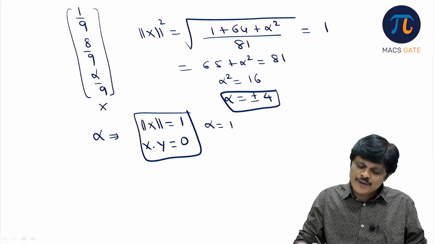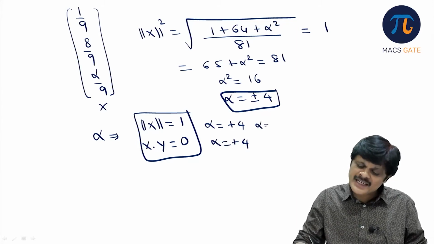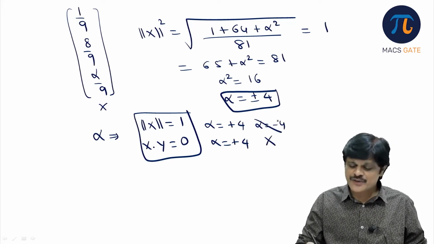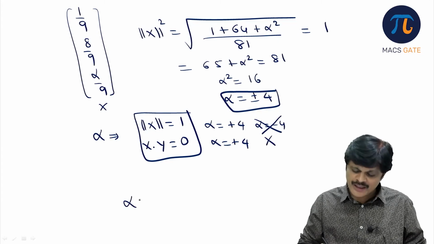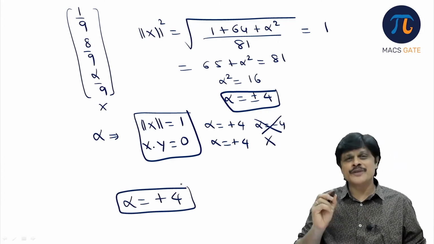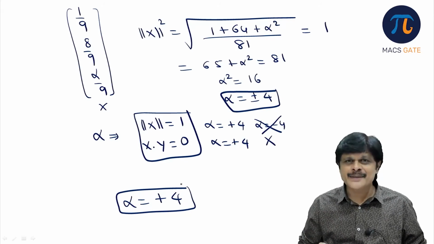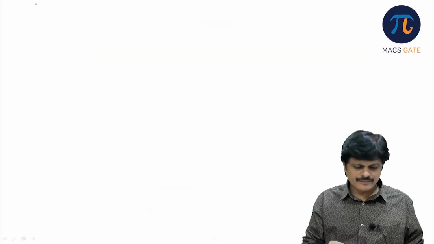Alpha is equal to plus 4 satisfies this condition and this condition. But alpha is equal to minus 4 only satisfies the first condition but does not satisfy the second condition. So we don't take alpha minus 4, we take only alpha is equal to plus 4. So this is the doubt which people get, and this is the solution for that. Is that clear?